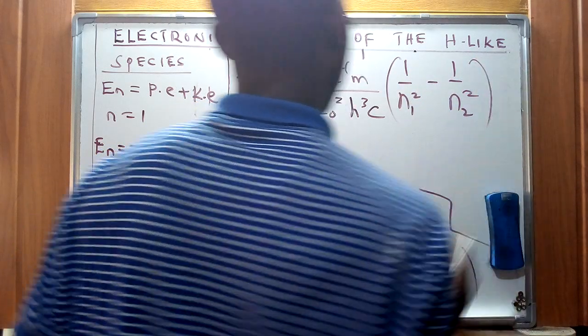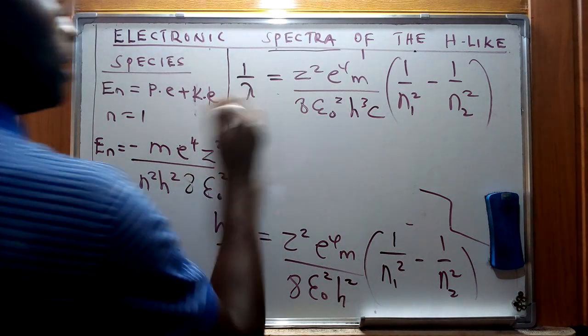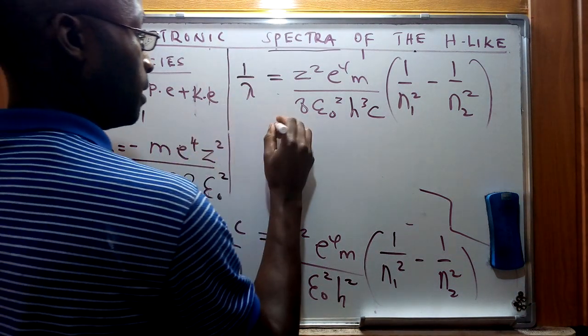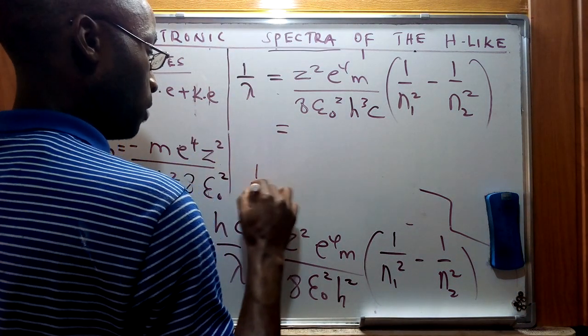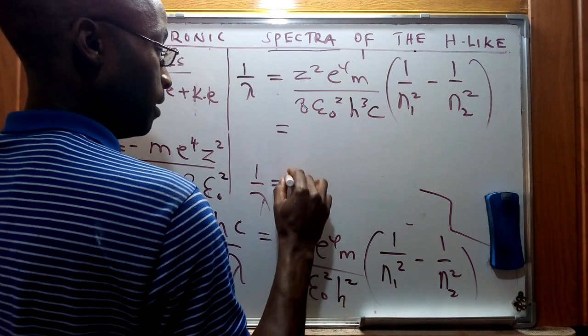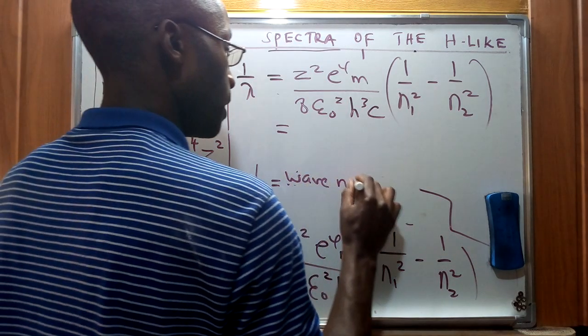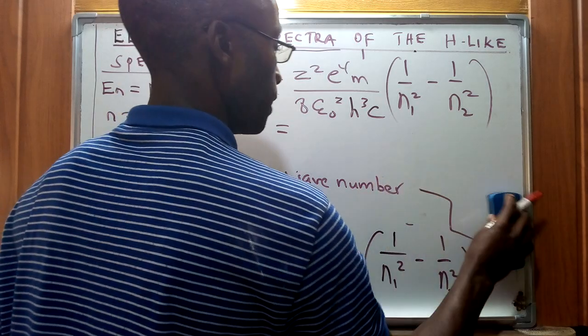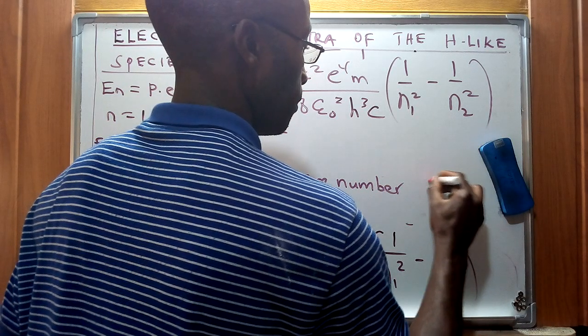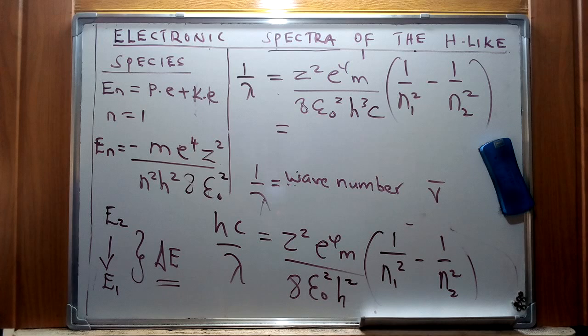So we have this particular aspect whereby we have said that 1 over lambda is referred to as the wave number, and this wave number can be symbolized using this v with a bar at that specific point.